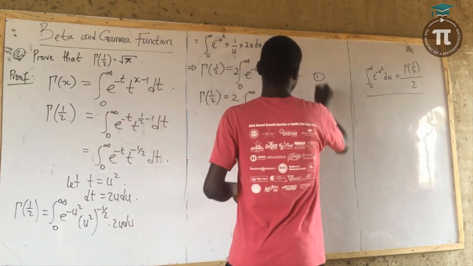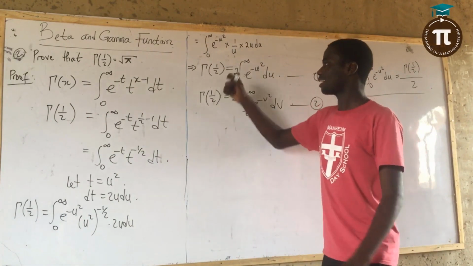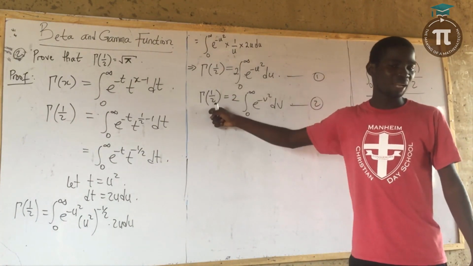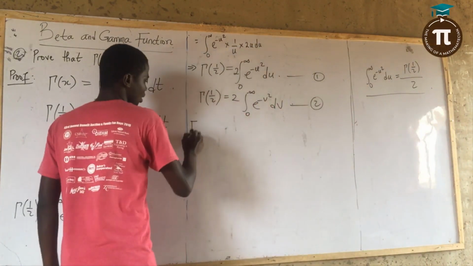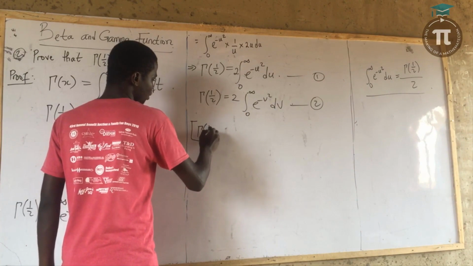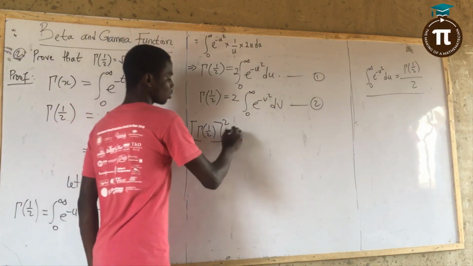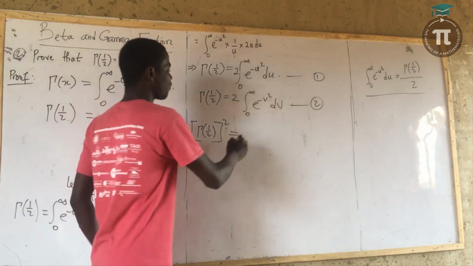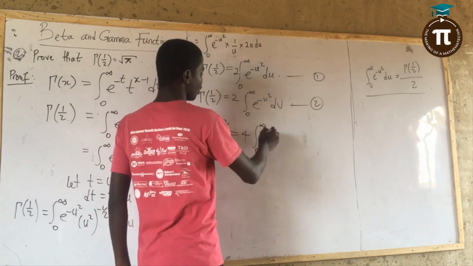So I will now multiply them. This one multiplied by this one. Let me call this 1 and this 2. I will multiply gamma of 1 over 2 by gamma of 1 over 2. That will give me gamma of 1 over 2 all square, equal to this multiplied by this. 2 times 2 will give me 4.